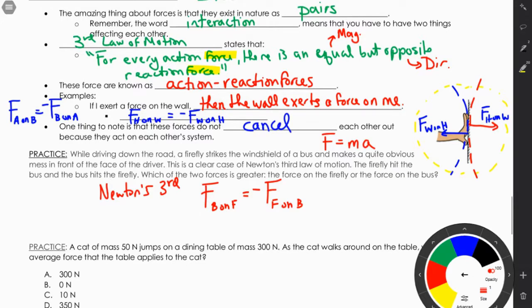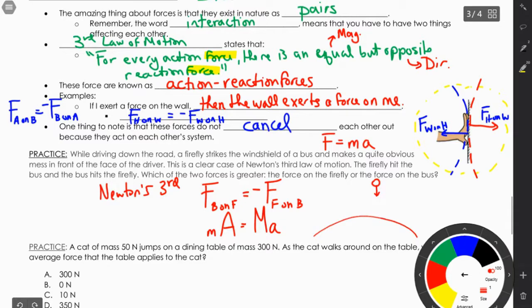My firefly has a little mass, which means it's going to be a big acceleration. And then my bus has a big mass, and it's going to be a small acceleration. Okay, but the forces are going to be equal, right? So the size of little m times big A is going to be equal to big M times little a.